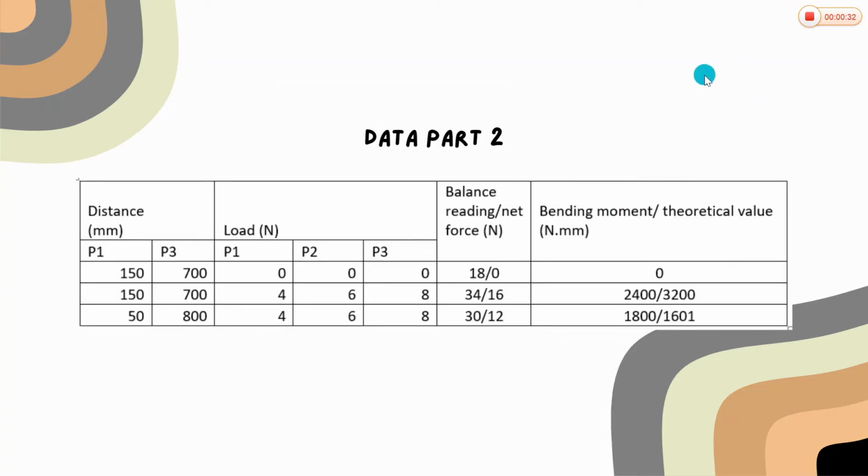For data part 2, we are using two different distances: P1 at 150 mm from point A and P3 at 700 mm from point A, and the other one with P1 at 50 mm from point A and P3 at 800 mm from point A. The fixed loads that we are using for data part 2 are 4, 6 and 8 Newton. So these are the data.